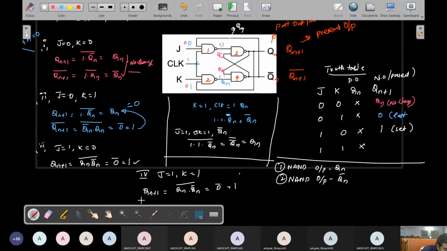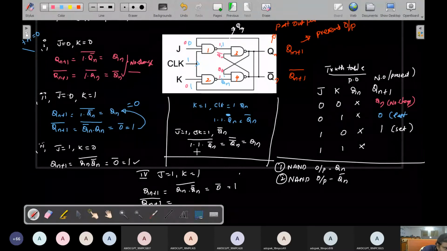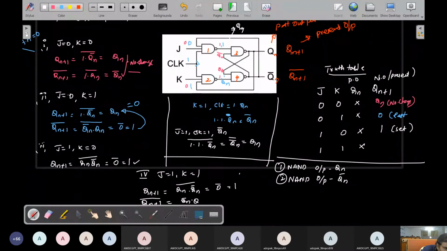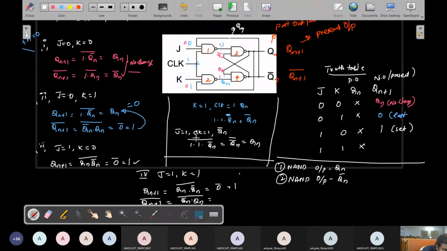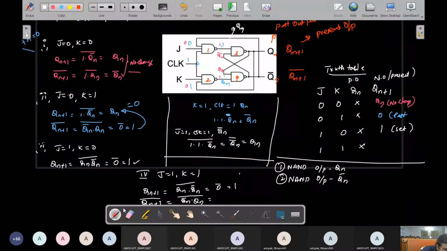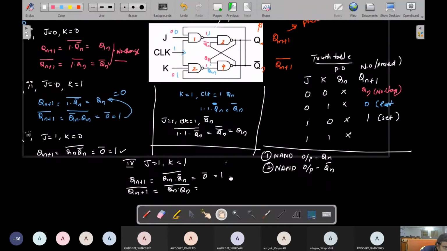But in this case, if you check the complementary port, Qn plus 1 whole bar, what will happen? Sorry, I made a small mistake here, I erase that mistake.